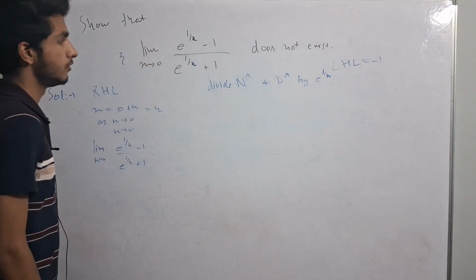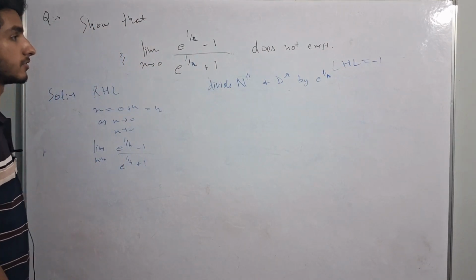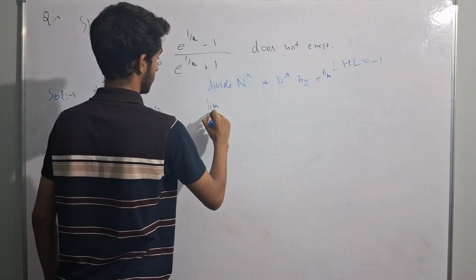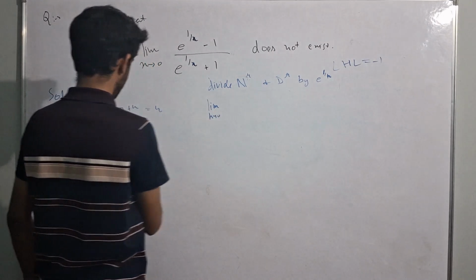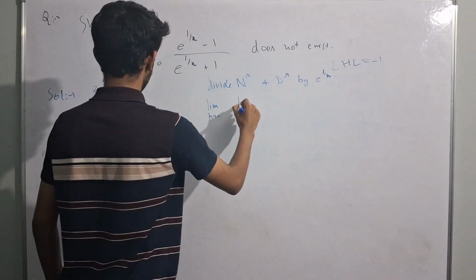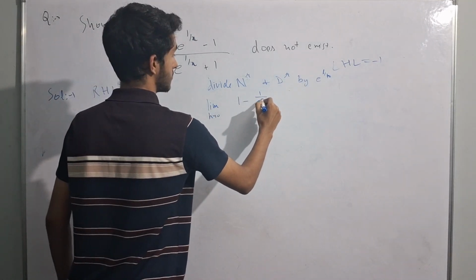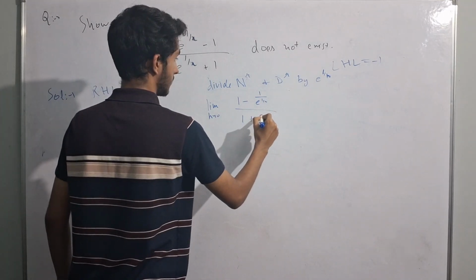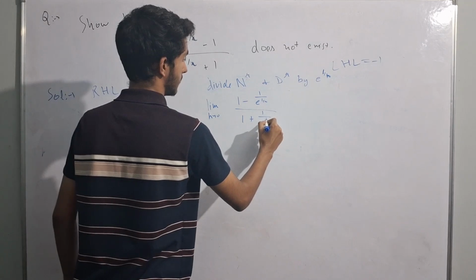I can divide the numerator and the denominator by e raised to power 1 by h, and after that this becomes 1, this also becomes 1. So I get 1 minus 1 by e raised to power 1 by h upon 1 plus 1 by e raised to power 1 by h.